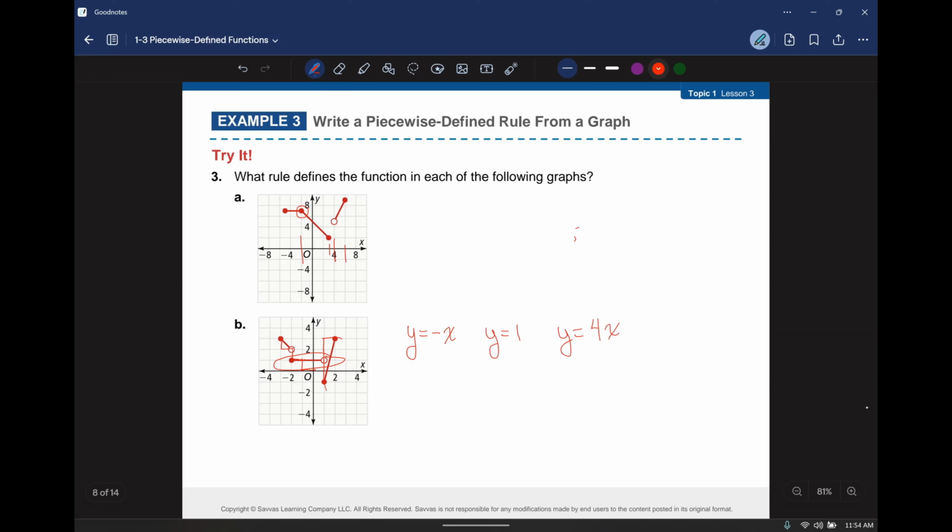And then if I extended this and went down 1, left 1, it would cross at negative 2. All right, so when I put my function down here, I have f of x equals, so we have negative x, 1, 4x minus 2, with my bracket, comma, comma, comma, if.